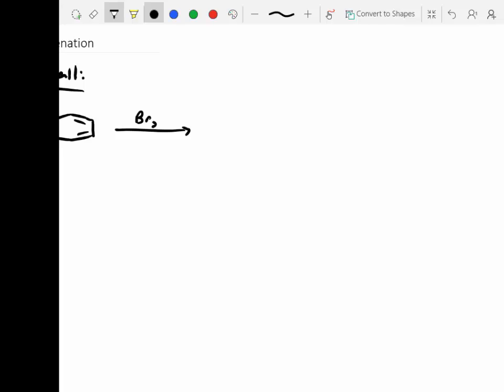So with bromine, we add Br2, and then what was the metal we use? Iron. Specifically, we use iron tribromide, and I'll come back to this in a second. I'll just put a little asterisk there. If we do this, we can install bromine directly onto our benzene ring.